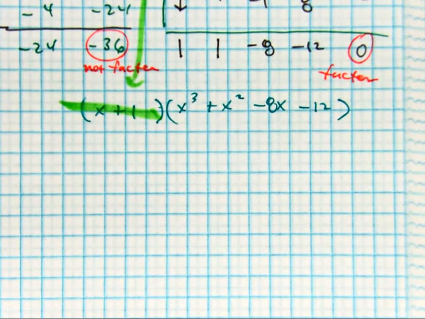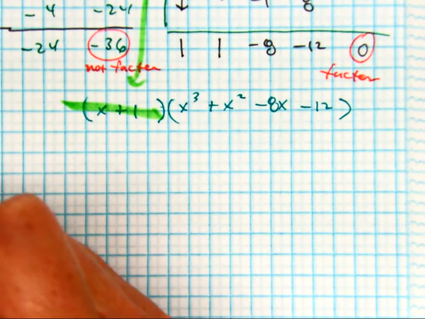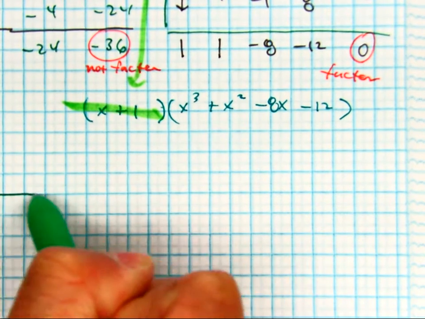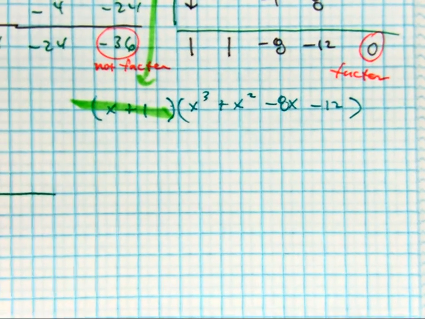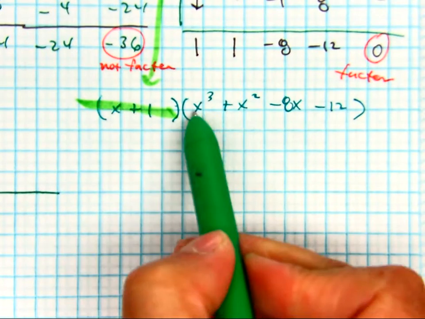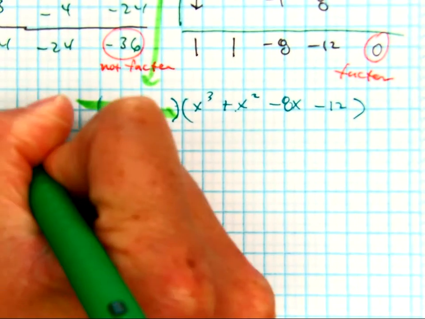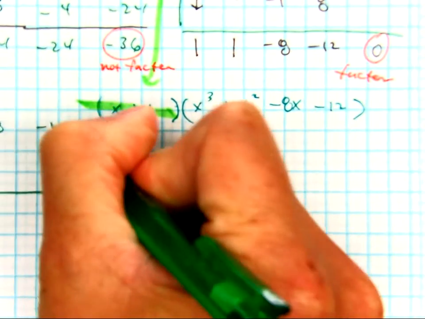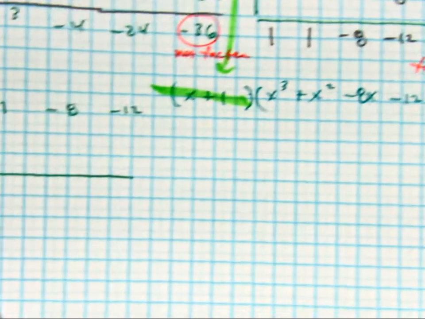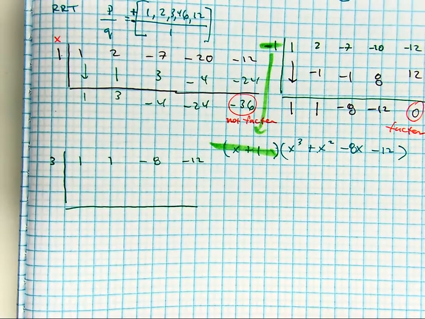What number do you guys want to pick? How about 3? So now I have 1, 1, -8, -12. So I pick 3. Let's test it.